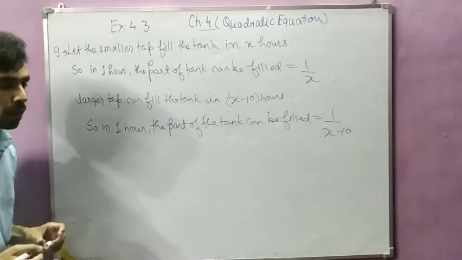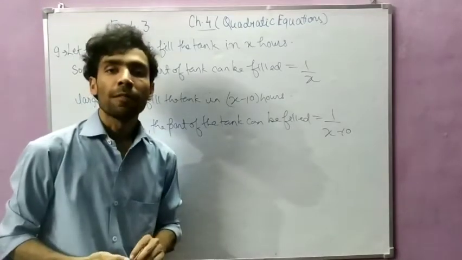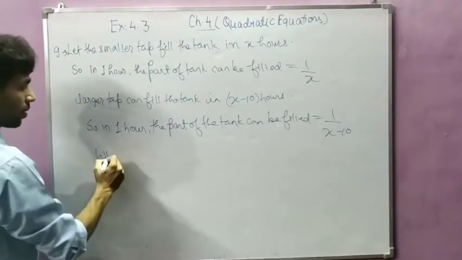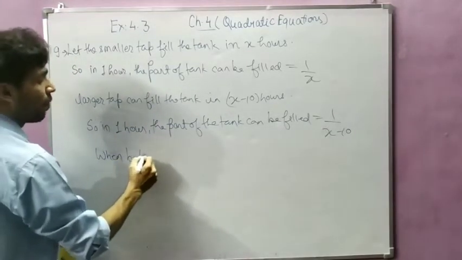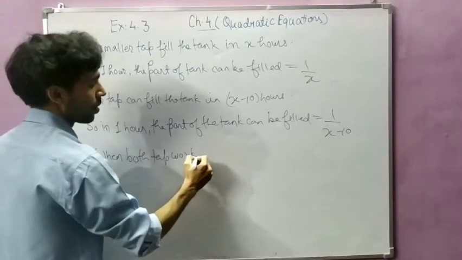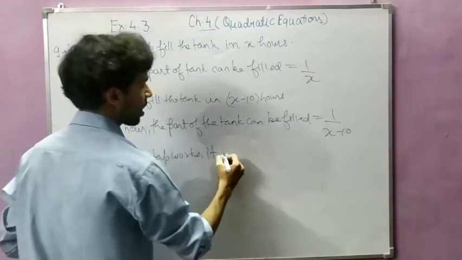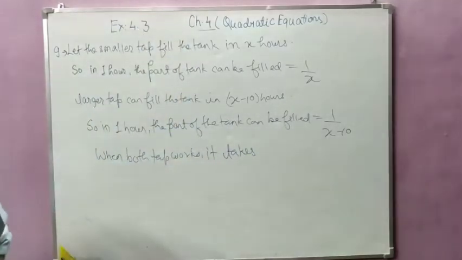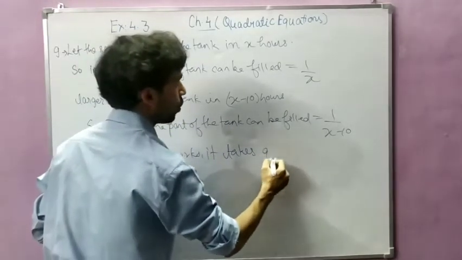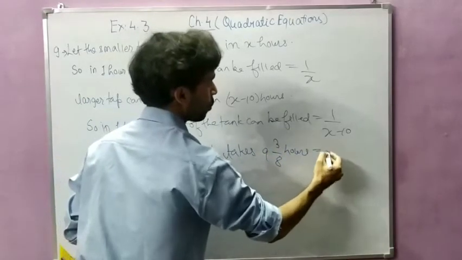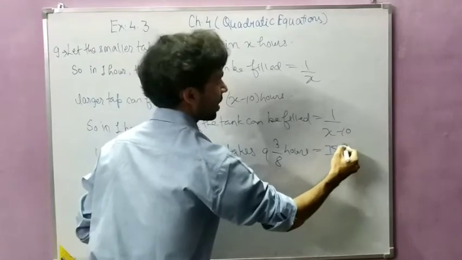Okay, now when they both work, how much time are they taking? When both taps work, it takes 9 whole 3 by 8 hours, which is equal to 75 upon 8 hours.